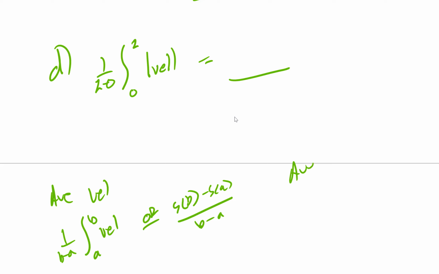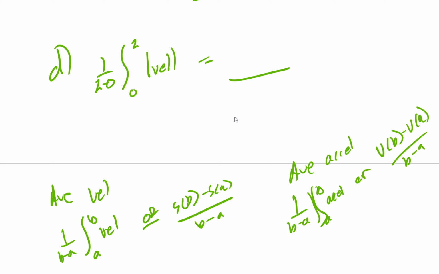If you want average acceleration, you could again just do the same integral but for the acceleration. Or you could do the one above it, which in this case would be velocity. So velocity of b minus velocity of a, over b minus a. And that's it for kinematics.